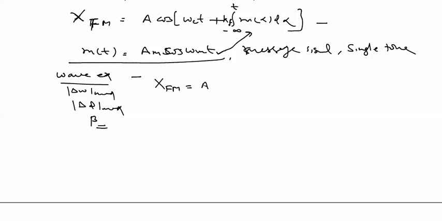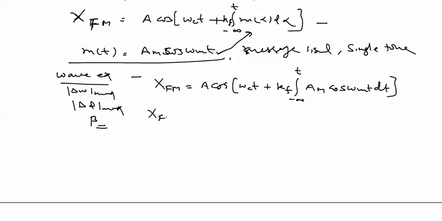XFM is a cos of omega ct plus kf times the integral of am cos omega mt dt. So XFM is a cos of omega ct plus kf am over omega m, times sin omega mt.